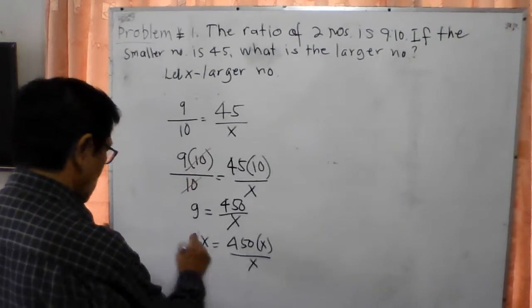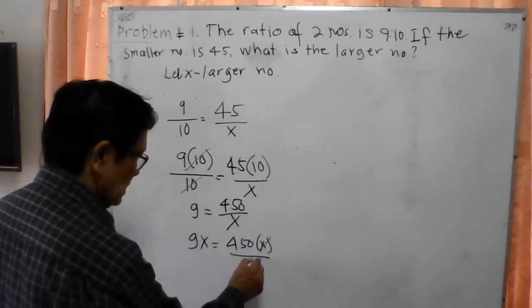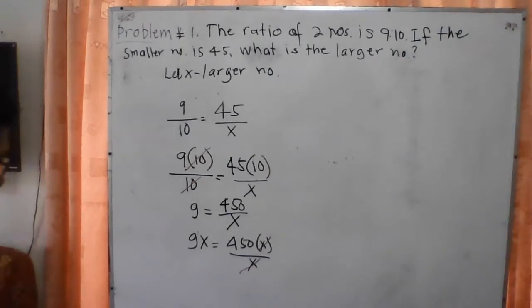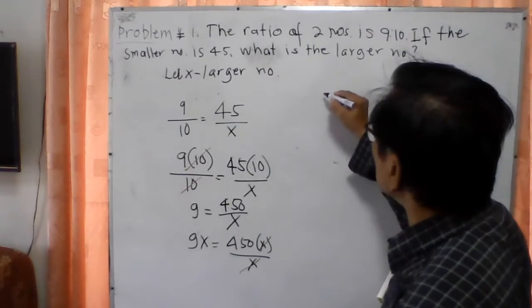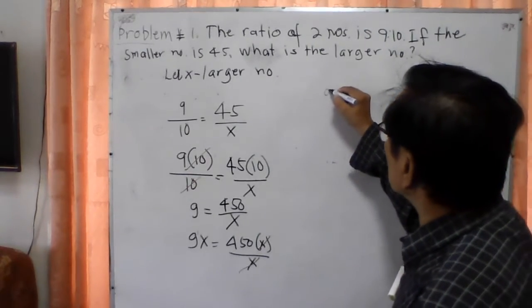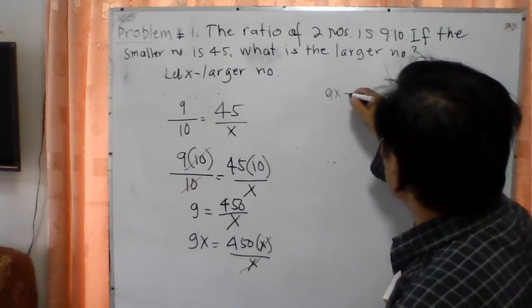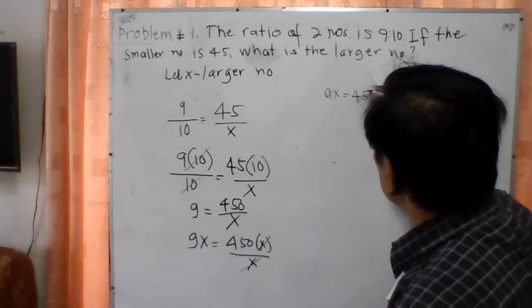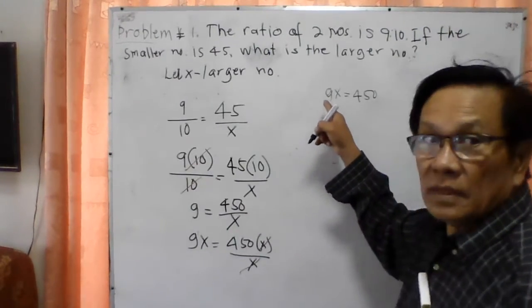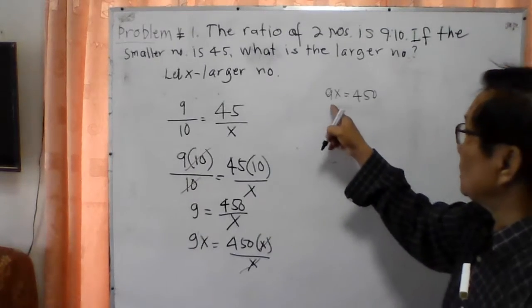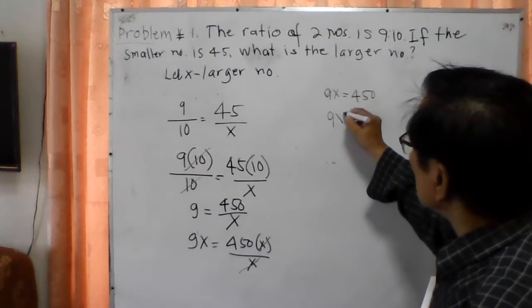So what happens? This cancels out. So now the remaining equation is 9x equals 450. Similar to what was done here, this time divide this by 9, so that the only thing that remains is x. So 9x divided by 9 to eliminate 9.